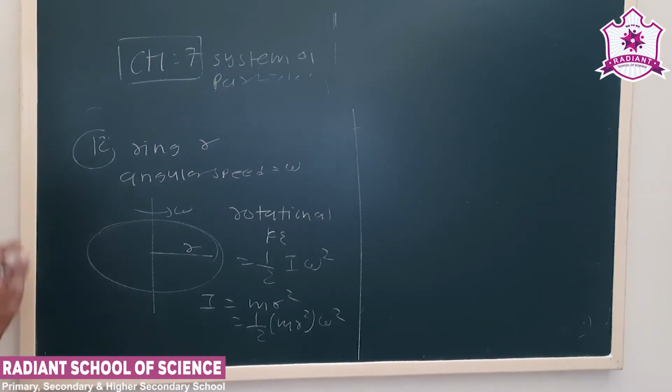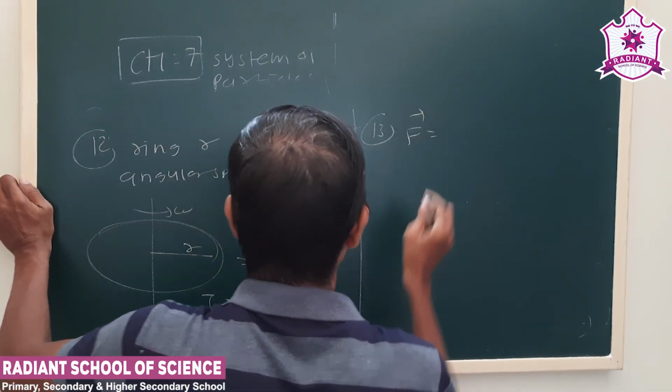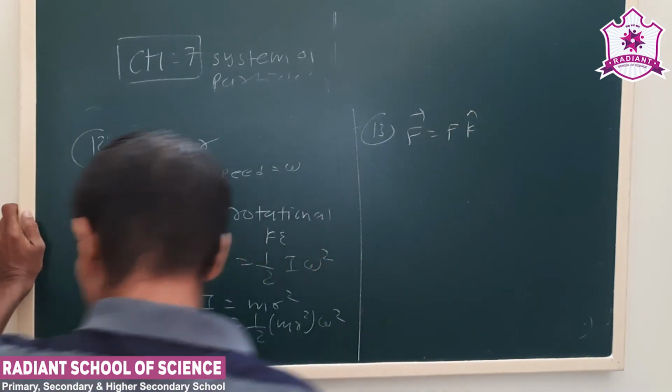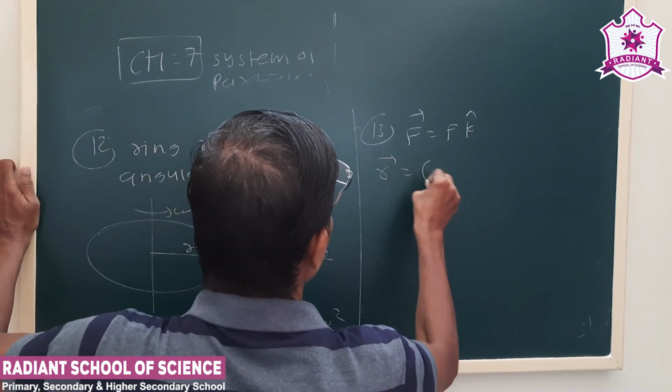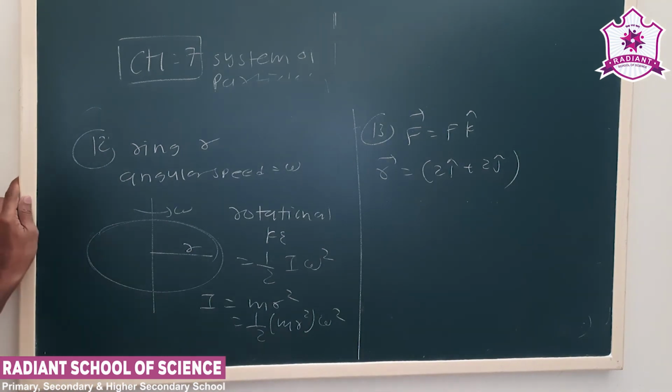Now see next, the force acting on a particle is F k. The position vector is 2i plus j. What is the torque acting on it?